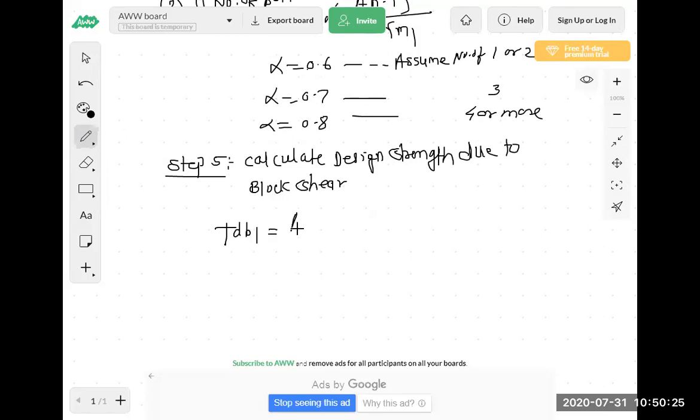So TDB1 is AVG Fy divided by under root of 3, again this formula is given on page number 33, plus 0.9 ATN Fu divided by gamma M1. This is for TDB1.